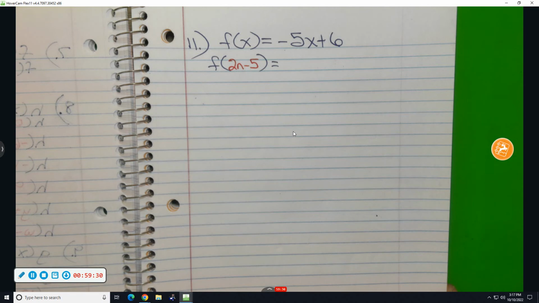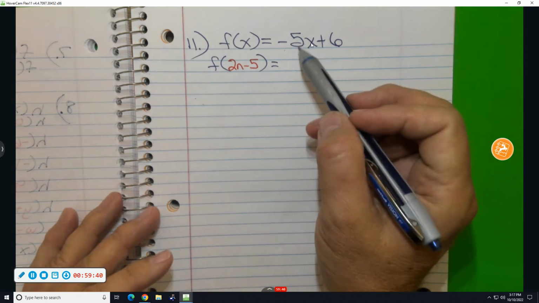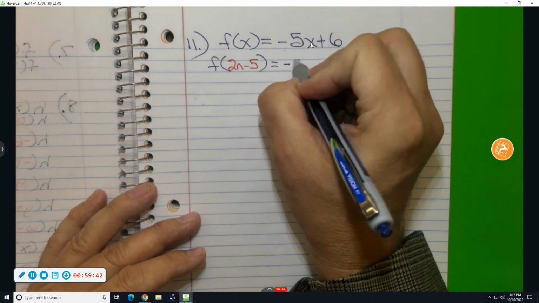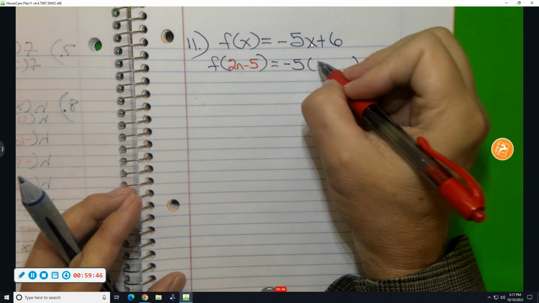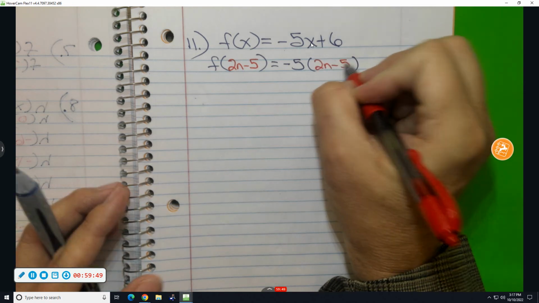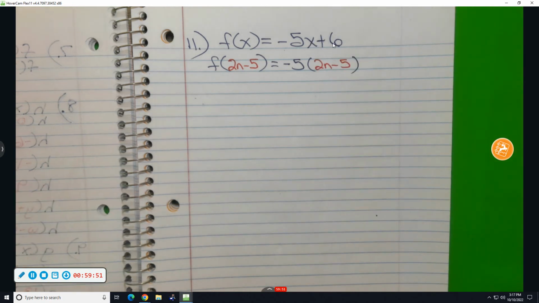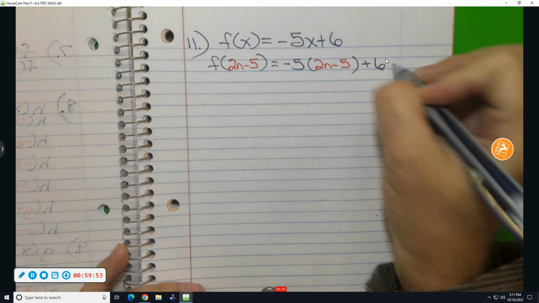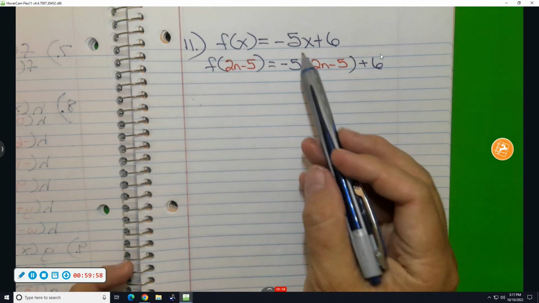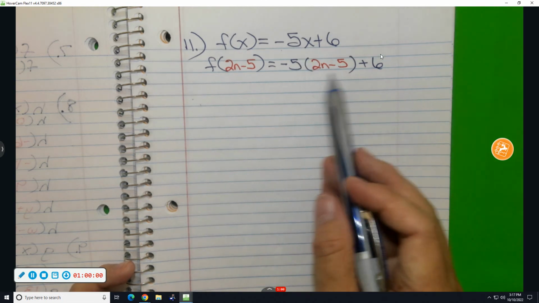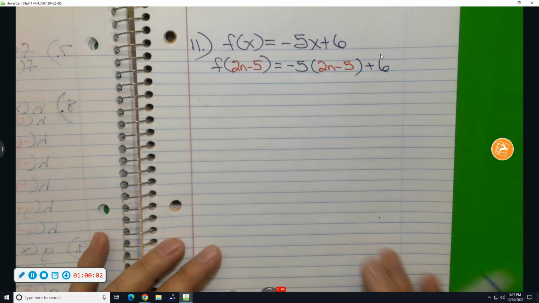It says go to f, and wherever you see an x, replace it with 2n minus 5. So negative 5 is going to have to be multiplied by 2n minus 5. And what else do we have stuck on there? The plus 6. Well, in order to multiply negative 5 by 2n minus 5, what are we going to have to do? It starts with a D.